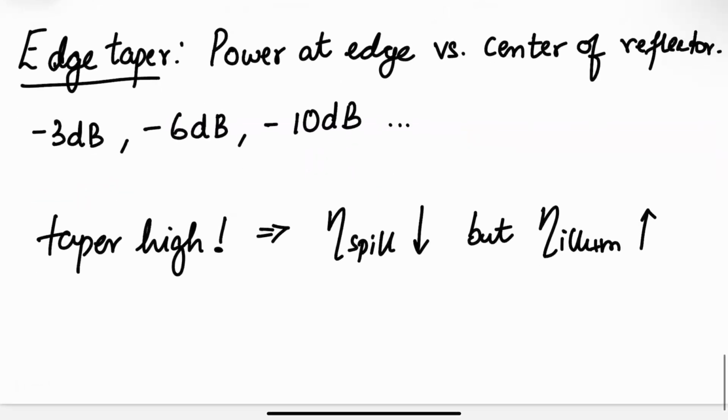Okay? If you actually go ahead and plot this, so I'm just sketching the plot here. It's a rough plot. Right, so on this side, I'm plotting the efficiency, different kinds. And here I'm plotting the taper. Okay, so maximum taper, let's say, is 0.